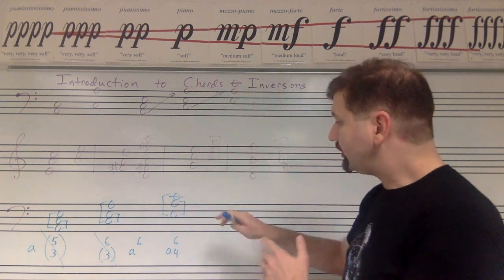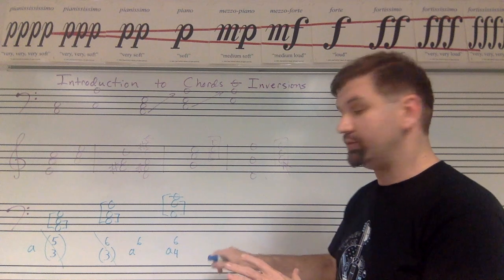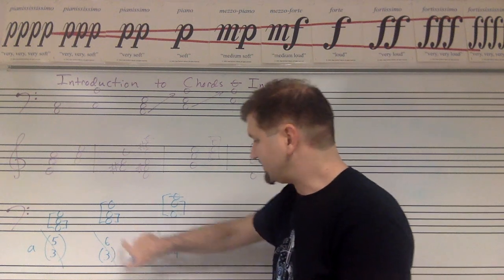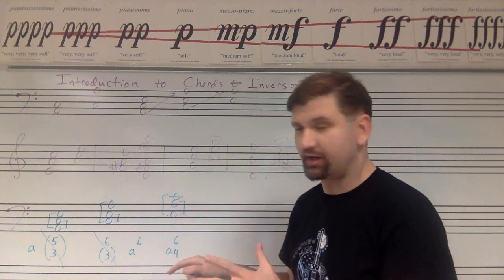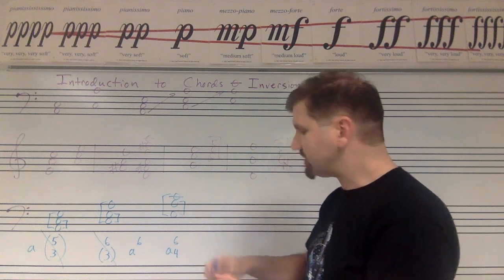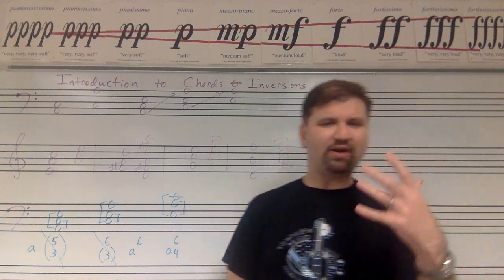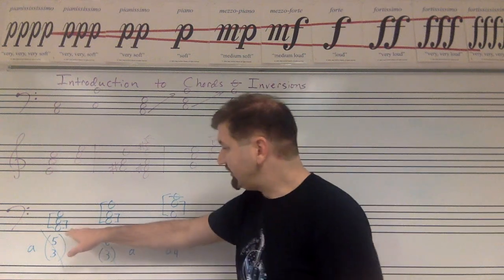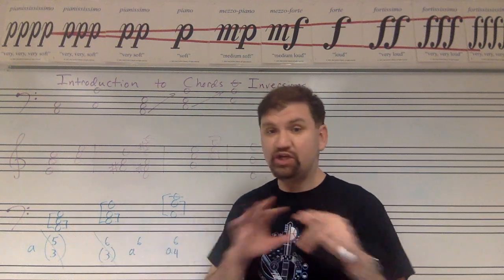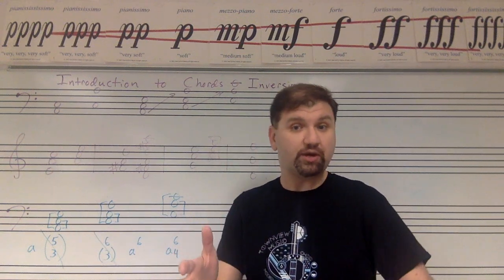Could I just write 6? No, because there are two different things, so I have to show both. Also, if you compare it to the root triad, in the first chord it's already the root triad, nothing has been altered, so I don't need to write anything.